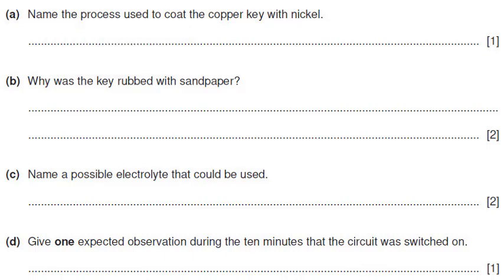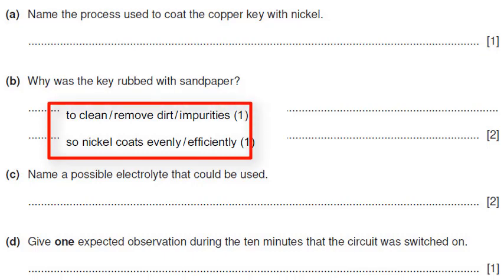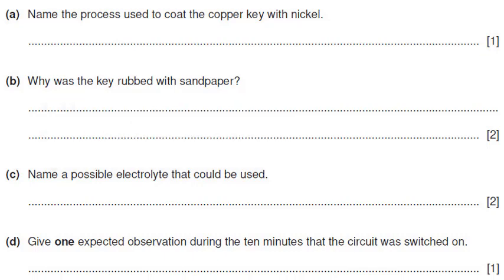Why was the key wrapped with sandpaper? Actually, this question is for cleaning issues. If you want to clean the surface of the metal that you want to electroplate, because all of metals react with atmosphere, forming a layer above them. C. Name a possible electrolyte that could be used.